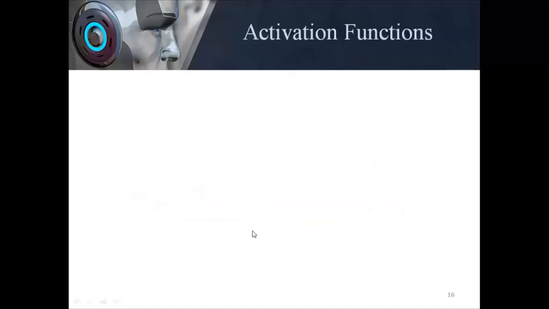Now we come to the next topic, the activation functions. As I told you, activation functions determine what my output is going to be. So the scaling of my output, its range, and the values in my output are determined by my activation function.